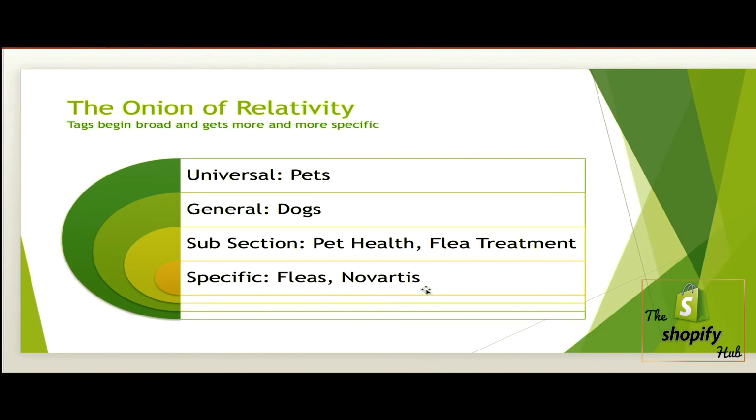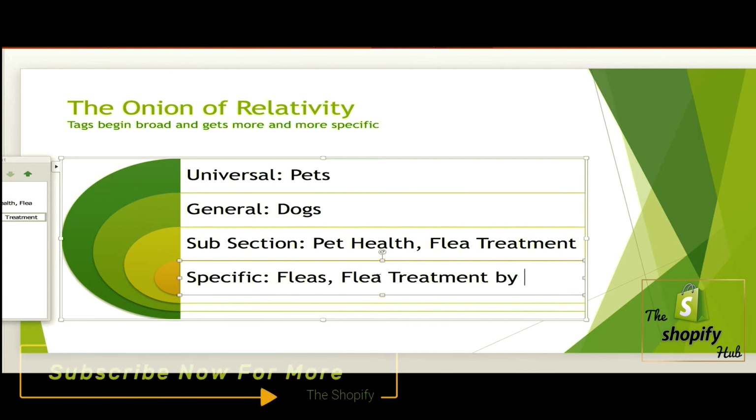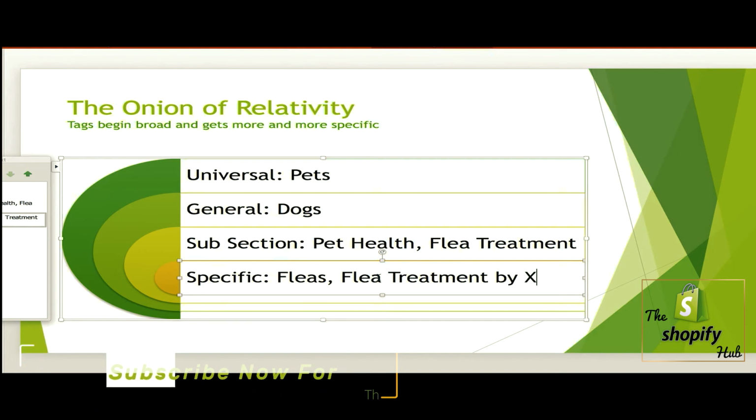So if you have, in this case, I've put Novartis here as they're a pharmaceutical manufacturer, but you would actually put flea treatment, let's just assume by X. So that way then the specific is really the product that you're trying to align to, and you could do that right now.